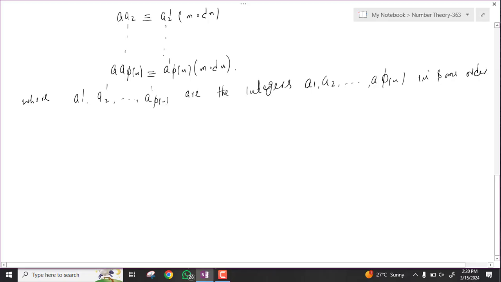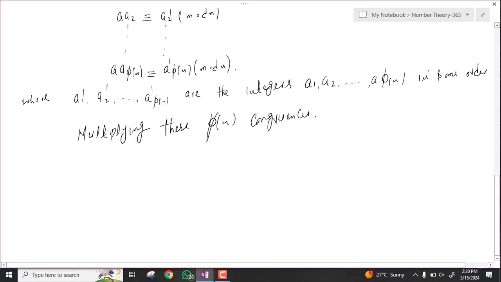Now multiplying these phi n congruences. This is phi n congruences.